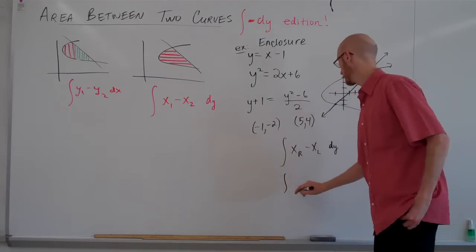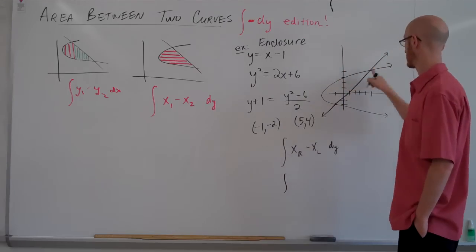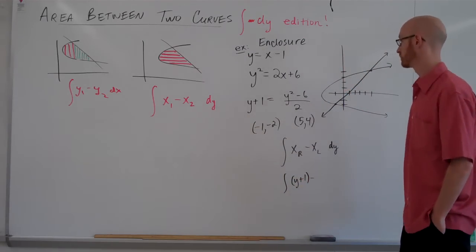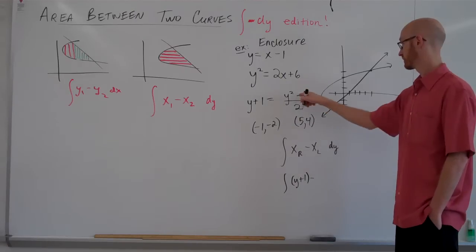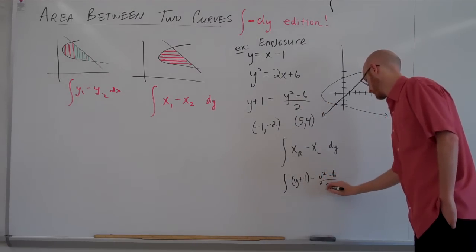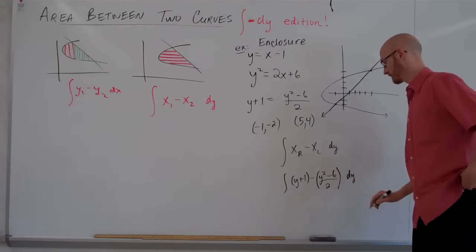So in this function, it's going to be y plus 1, because the line is on the right side, minus y squared minus 6 over 2, because the parabola is on the left side, dy.